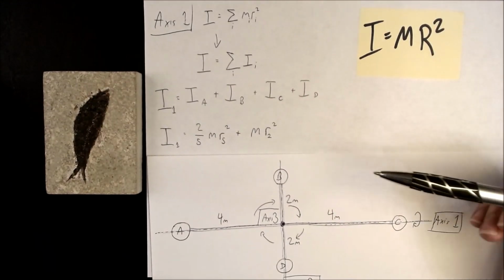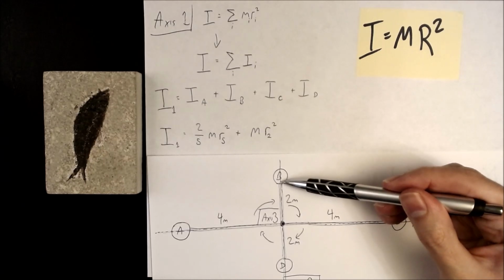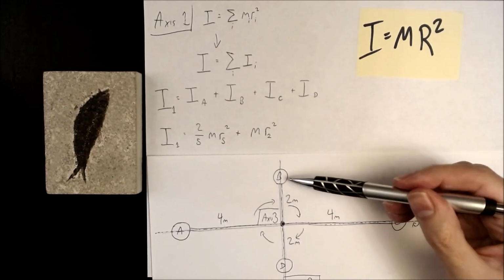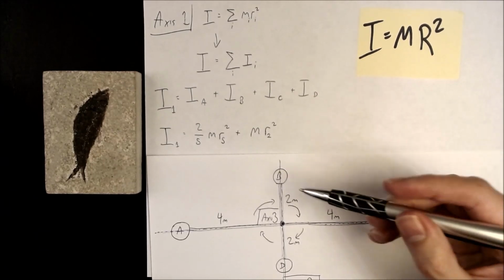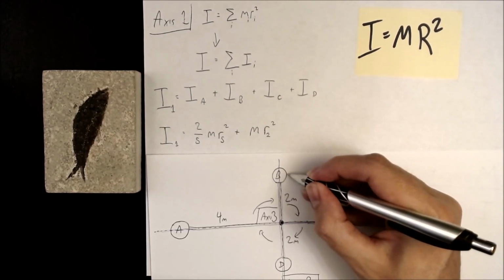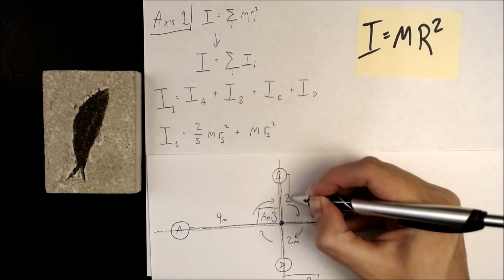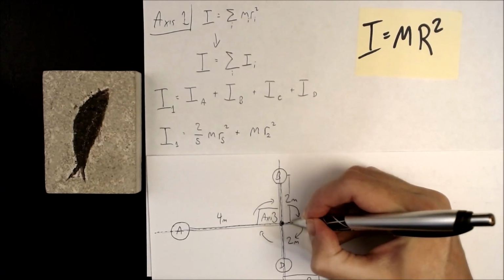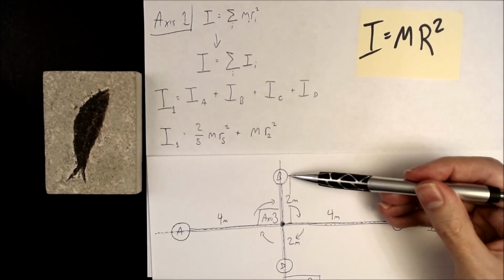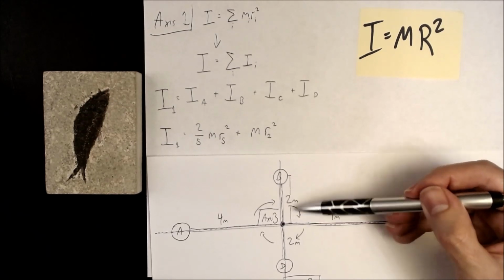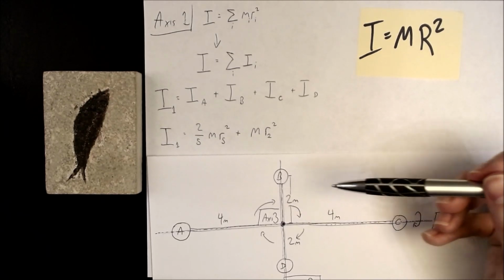Now I know a lot of you are thinking, well, what about the 0.1 meters that we're going to have right there? Shouldn't it be 2.1 meters? Well, I'm just going to say that the 2 meters is the distance from the axis of rotation to the center of that sphere. So use that. It's just 2 meters from the axis of rotation to the center of the sphere.